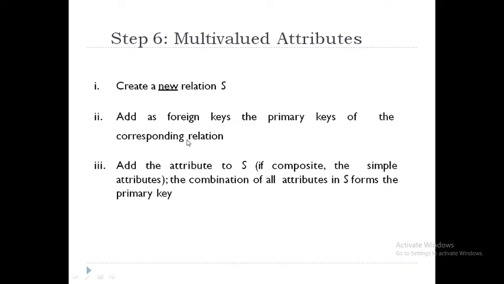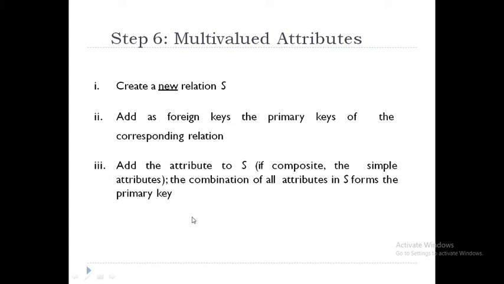That means if you have department number as the primary key, that should be added in the new relation as a foreign key. Then add the attributes, like the simple attributes, or the combination of all attributes.